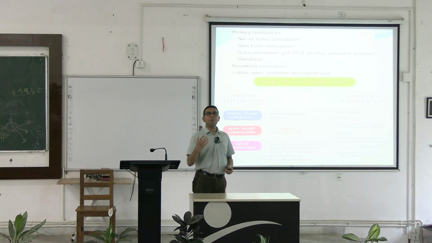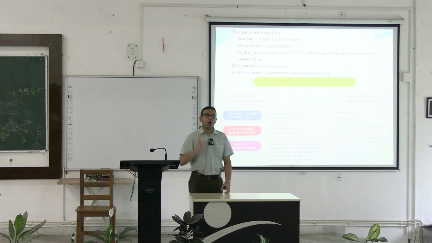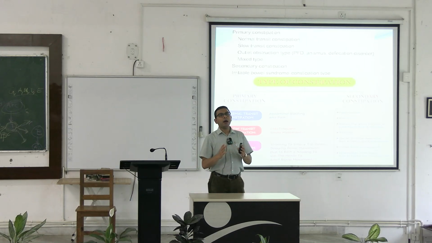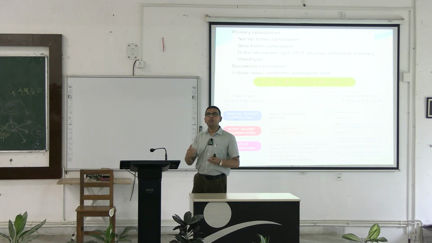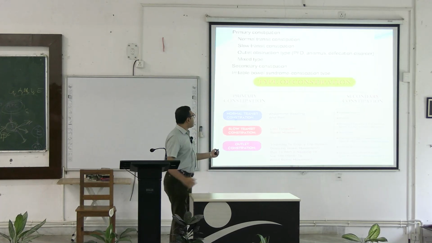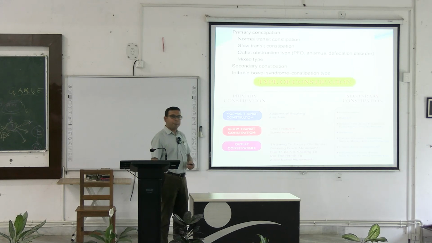One of the most important things associated with idiopathic chronic constipation is the IBS constipation type. Irritable bowel syndrome, constipation type, ultimately overlaps with chronic idiopathic constipation, and the treatment is more or less similar.